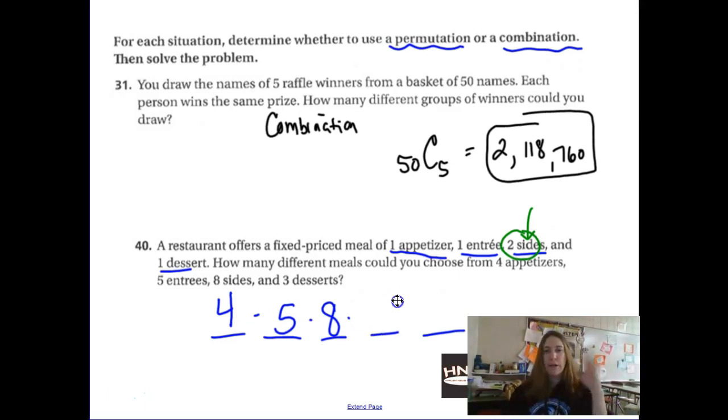You know what? Forget it. I don't want to mess with my answer key. Let's just call it 8. The teacher, I can do that. And then 3 desserts. So my last choice there is a dessert. If I multiply all these numbers together, I get 3,840 different meals I could create.